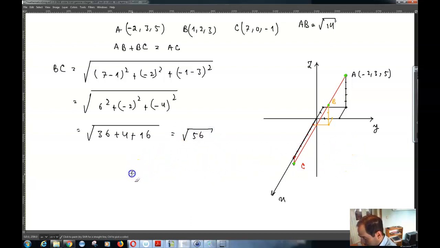Now 56 is 2 times 28, 2 times 14, 2 times 7, which is 2 times the square root of 14. So that means that BC is equal to 2 times the square root of 14.